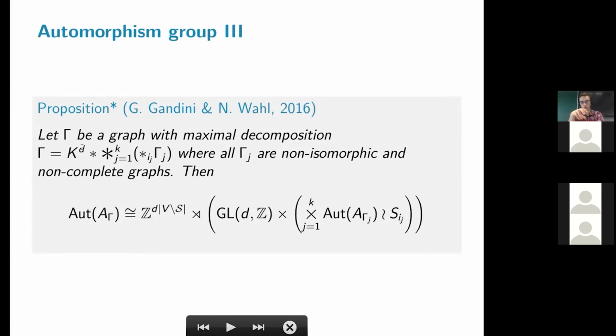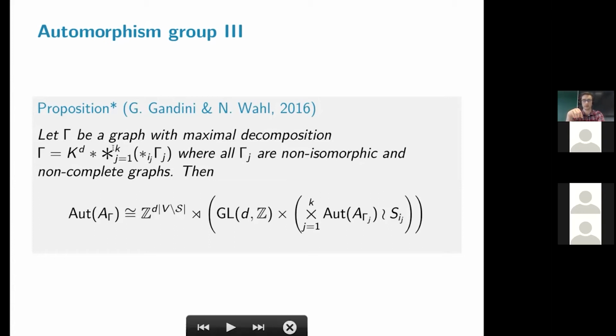So one factor of your graph is a full subgraph, so a clique. So every vertex is connected to every other vertex. So this is a full subgraph K_D. And then the other subgraphs in your simplicial join, you group them together based on isomorphism type.